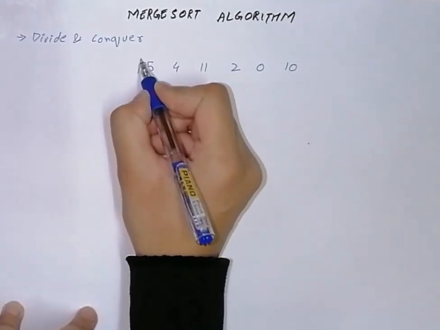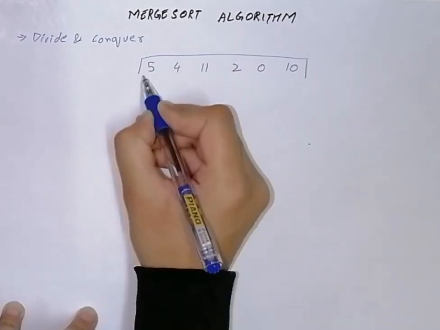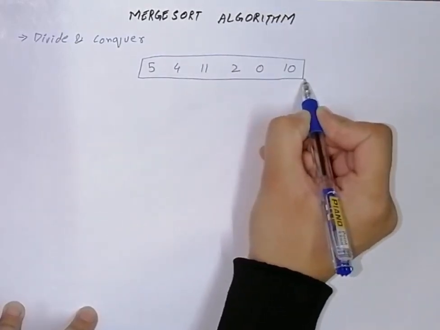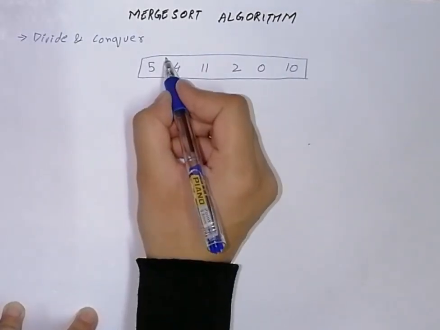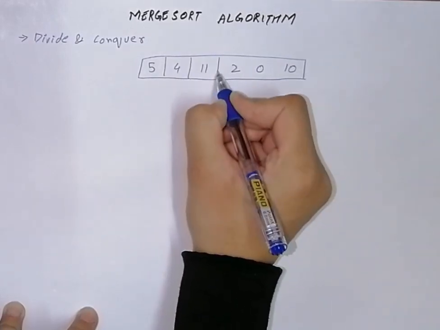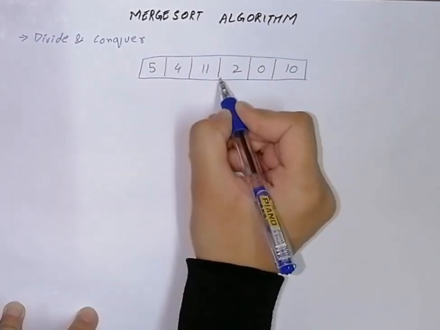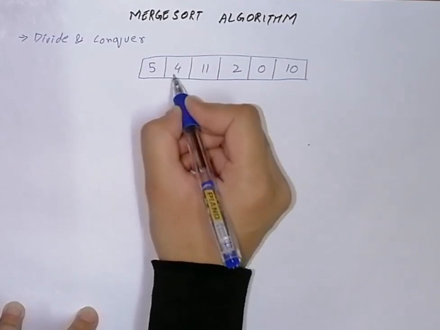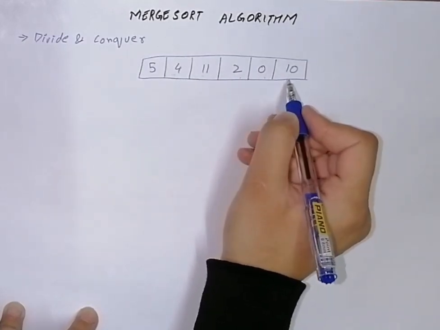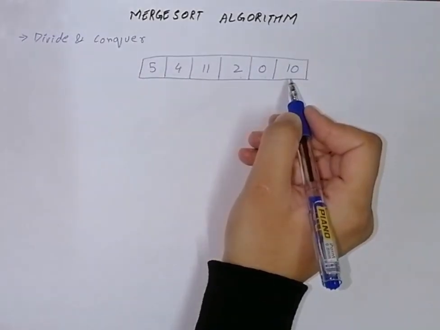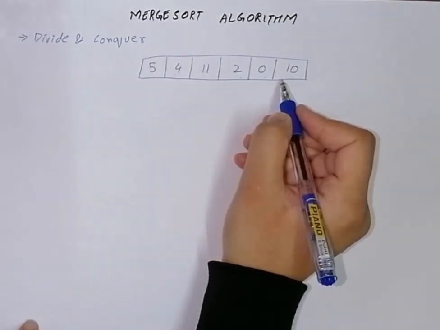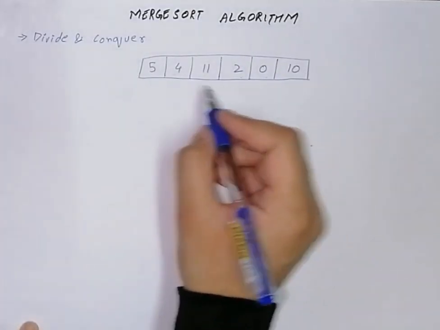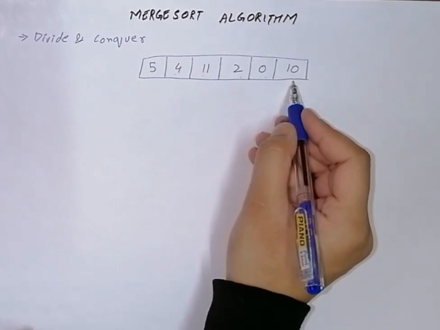If I draw boundaries like this, these boundaries represent an array, and all the indexes can be separated by these vertical lines. Here I have 6 elements in this array, so the size of the array is 6, whereas the index starts from 0 and ends at 5.